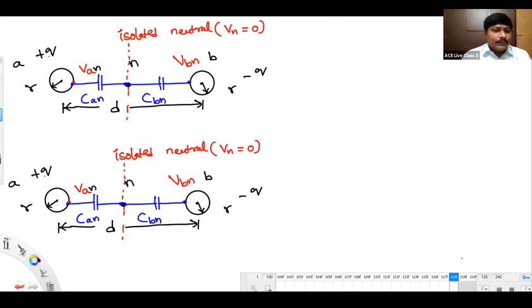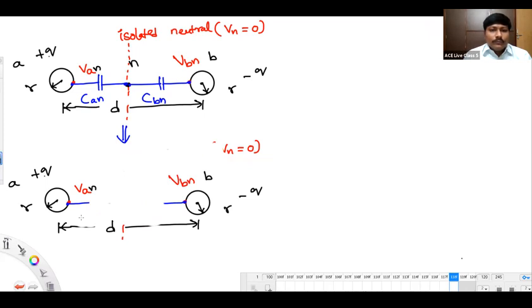So I'm clearing this. Now I want to find out the capacitance between these two conductors, so called CAB.